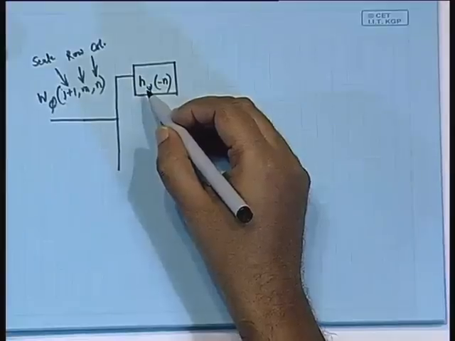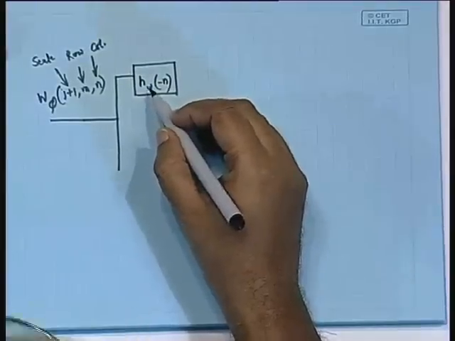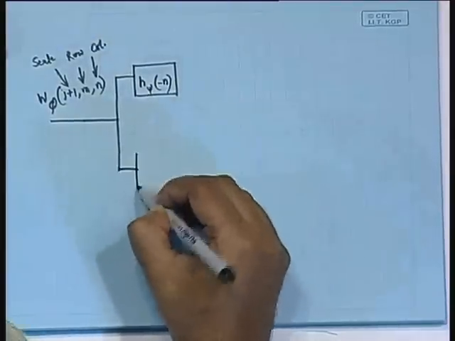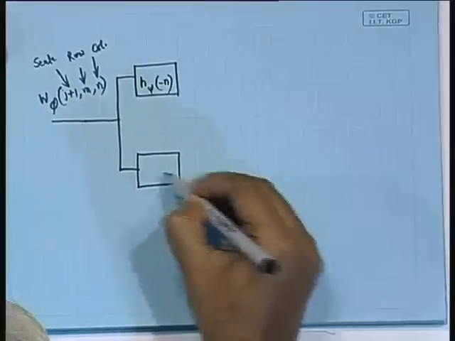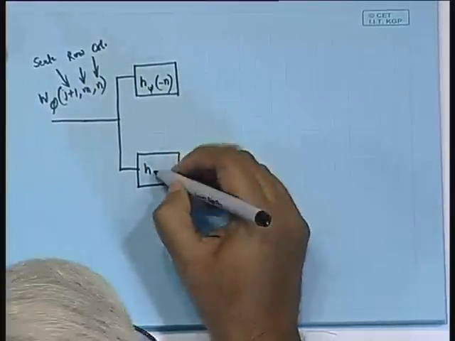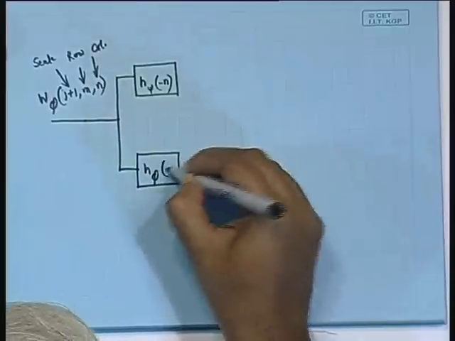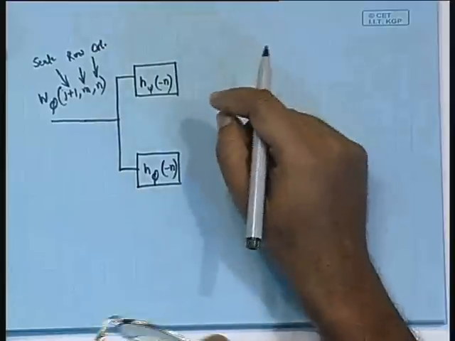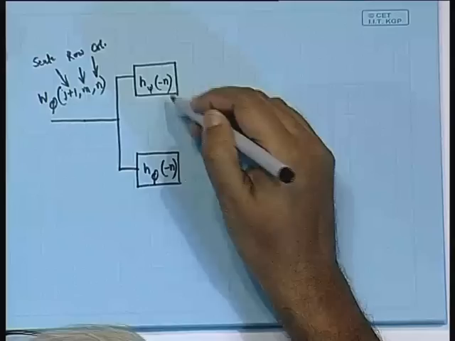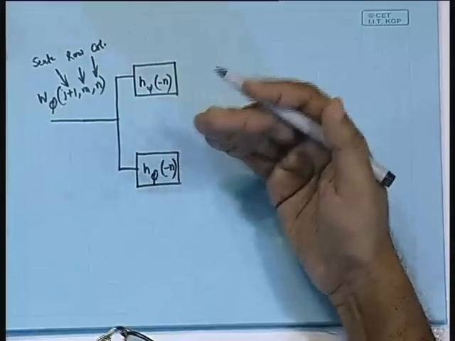H psi is the wavelet filter applied on the columns, and likewise we also apply the scaling filter, which we indicate as H phi of minus n, the scaling filter or the low pass filter that we apply on the signal. This is applied along the columns.